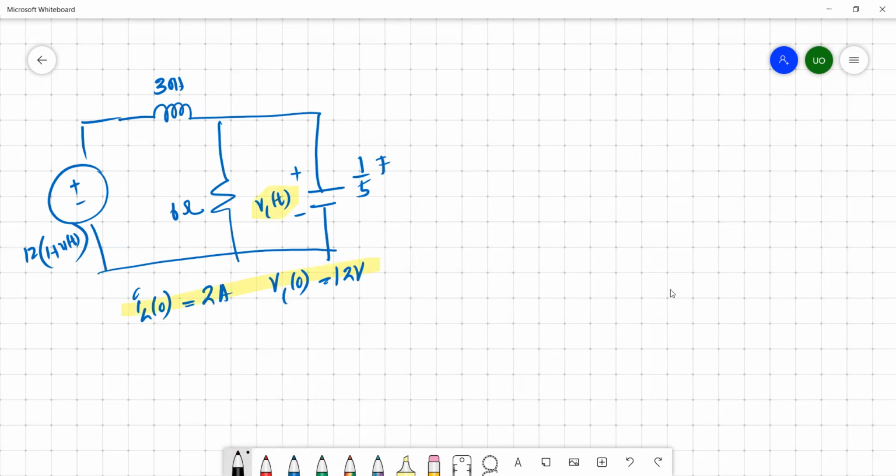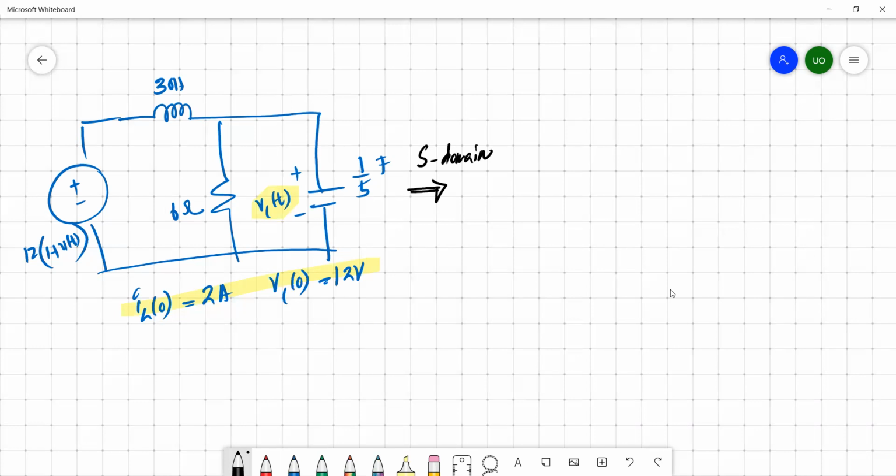We can do this evaluation entirely in time domain as well, but this would be a pretty simple way. You just convert it into S domain and do the calculation in S domain. So we'll convert into S domain.